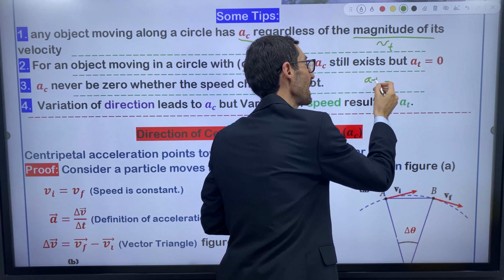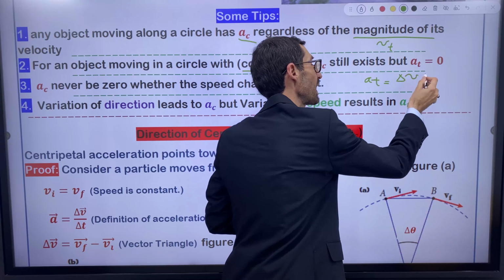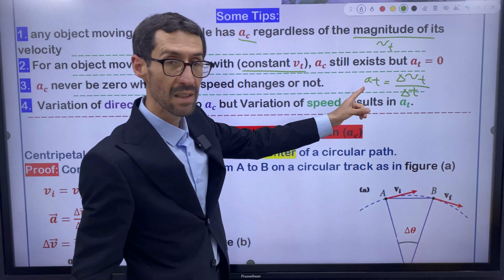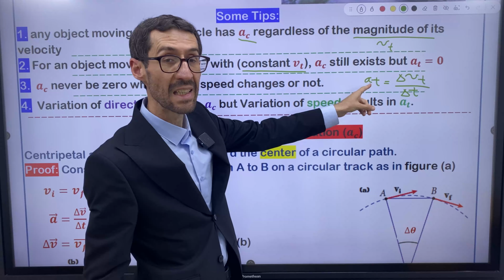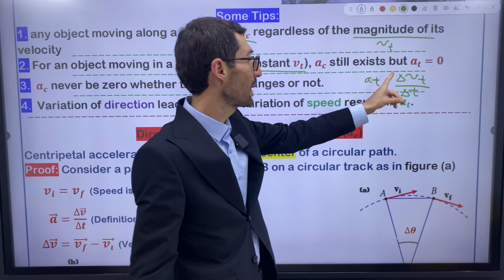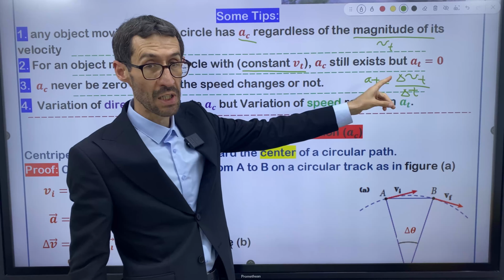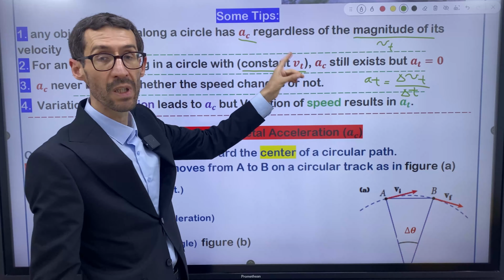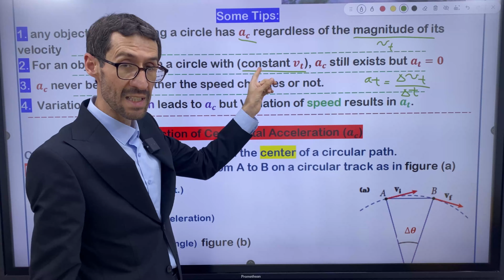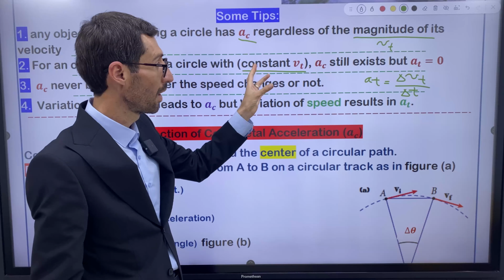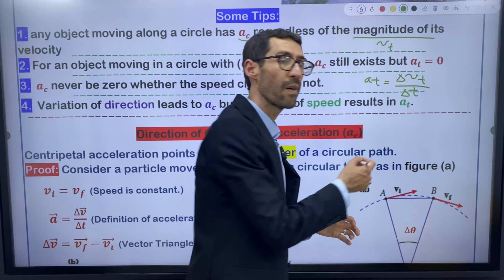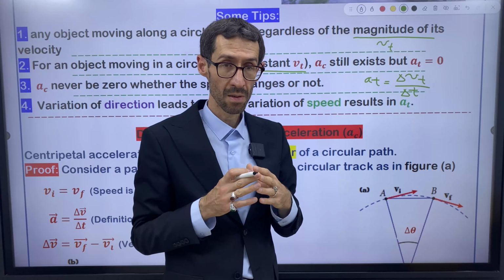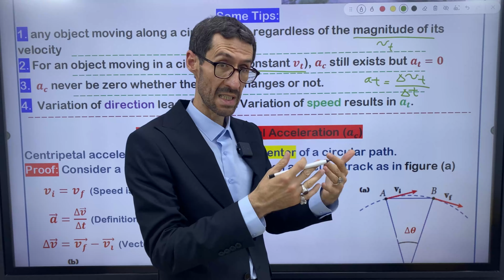AT is equal to delta Vt divided by delta T. AT is due to the change in tangential velocity, right? But the tangential velocity or tangential speed is constant here in this situation. So Vf and Vi become the same number, right? What does it mean? The object moves with a constant velocity.